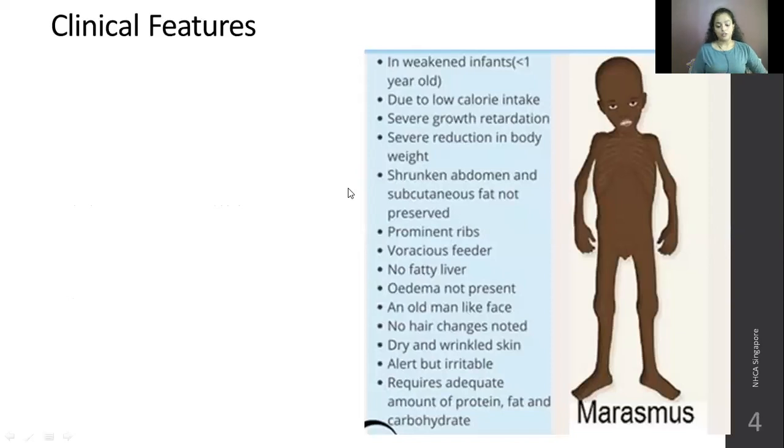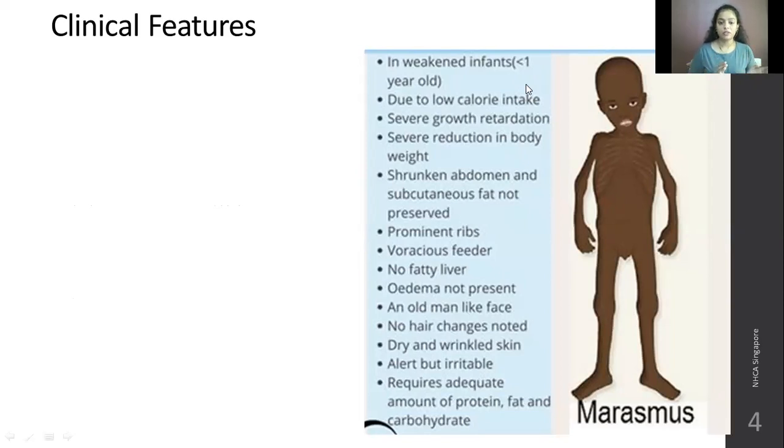The clinical features. Okay, how distinctively is marasmus different from kwashiorkor? One thing you have to remember here, marasmus is commonly seen in children who are less than 1 year old, from 6 months to 18 months, 1.5 year old.